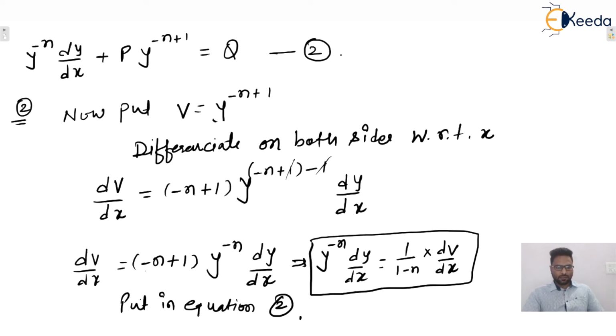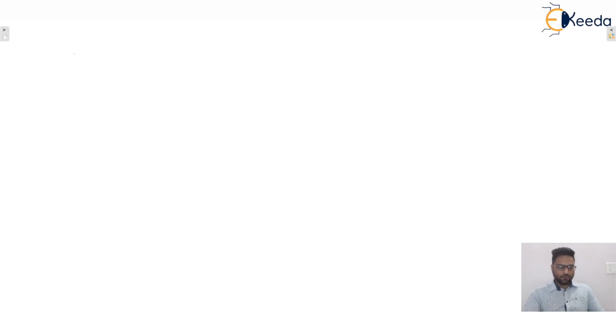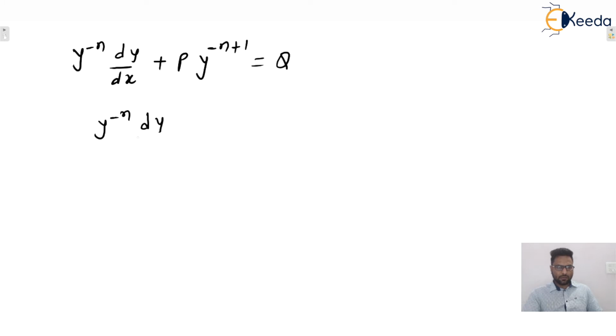That is your equation number 2: y raised to power minus n dy by dx plus p into y raised to power minus n plus 1 equals to q. Now substitute y raised to power minus n dy by dx equals to 1 upon 1 minus n dv by dx.